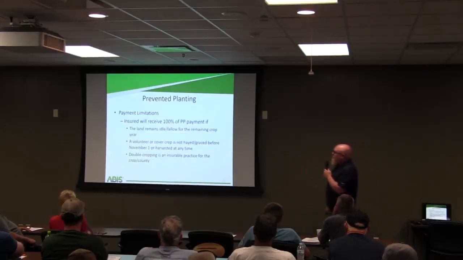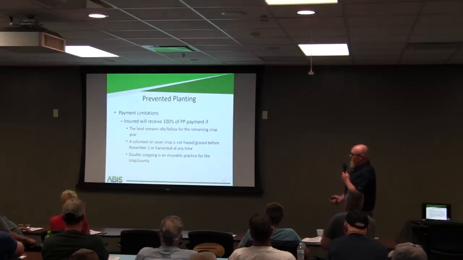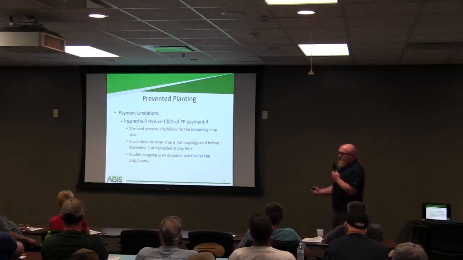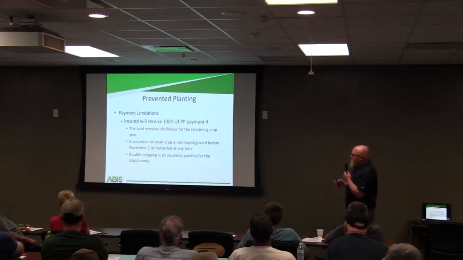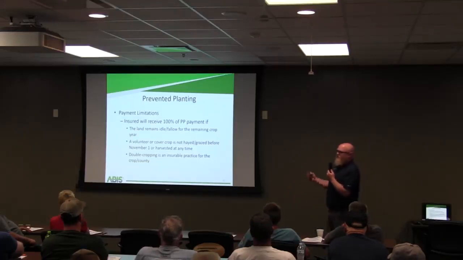For payment limitations, you'll receive 100% of the preventive plant payment if the land remains idle or fallow for the remainder of the crop year, and as long as a volunteer cover crop is not hayed or grazed before the 1st of November or harvested at any time. So you could go out and bale that post November 1 and use that hay for feed.